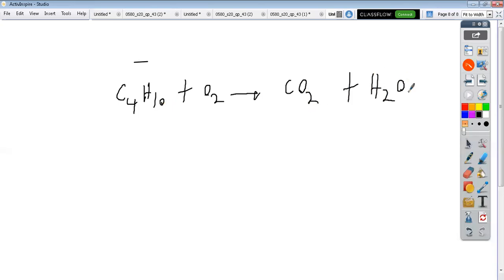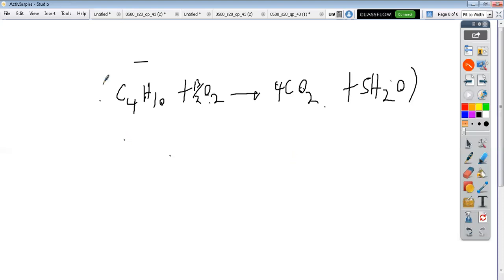And I said the balancing is important. How many carbons there? 4. So I need to put 4. How many hydrogens here? 10. So I need 5, so that is 10. But the moment I do that, you see that the oxygen is 2 times that, it's 8 plus 5, 13. So I have to put 13 over 2 there.